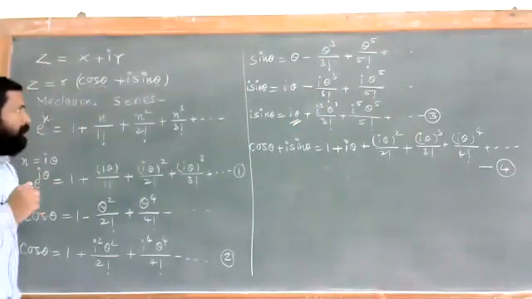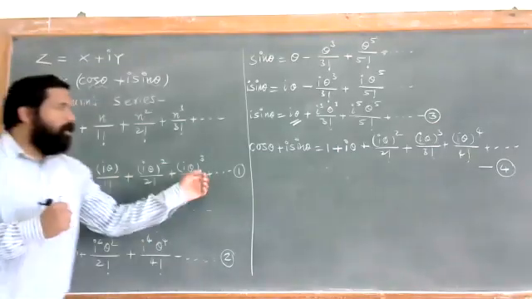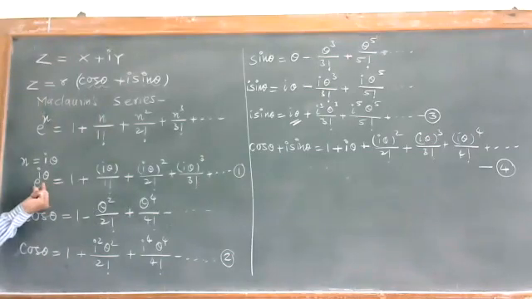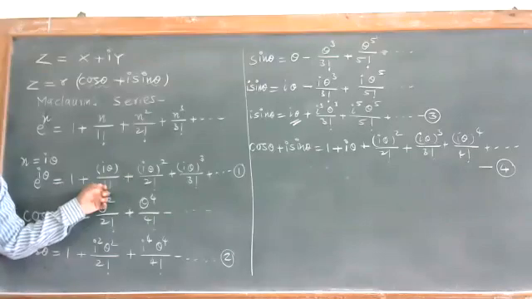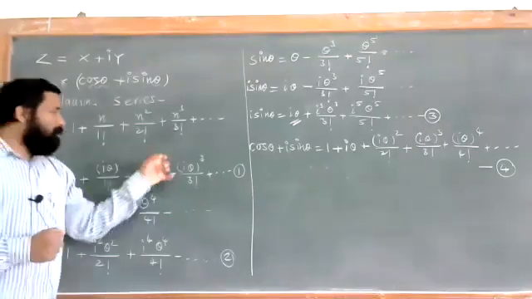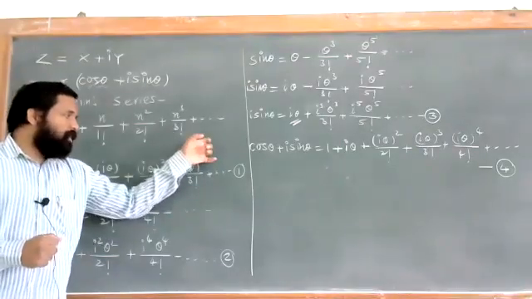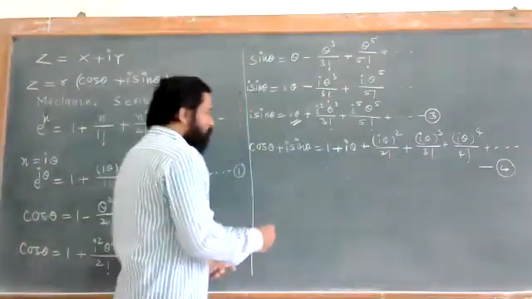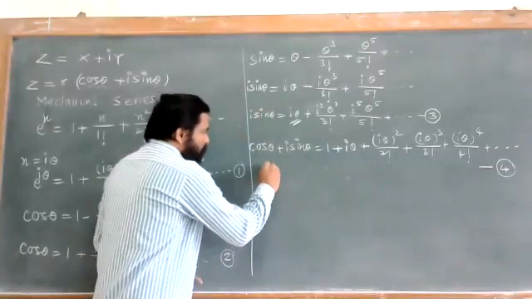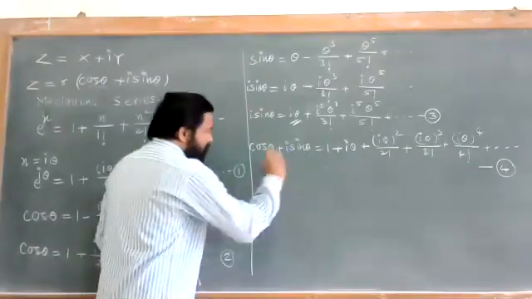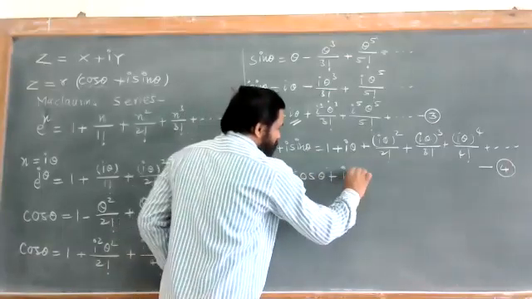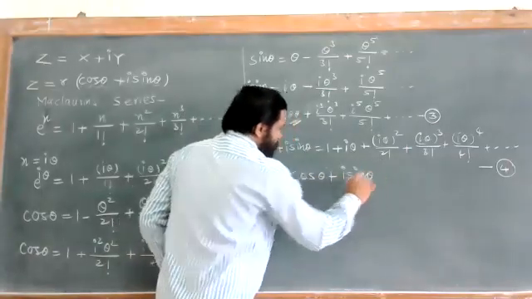So when you look at the equation number 1 and equation number 4, just compare this. Equation number 1 is nothing but e raised to i theta is equal to 1 plus i theta upon 1 factorial plus i theta square upon 2 factorial, i theta cube upon 3 factorial. The same term is there. What you can say is that from equation number 1 and 4 we can say e raised to i theta is equal to cos of theta plus i sin theta.